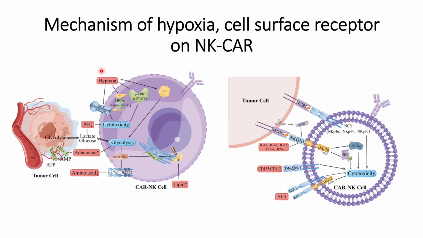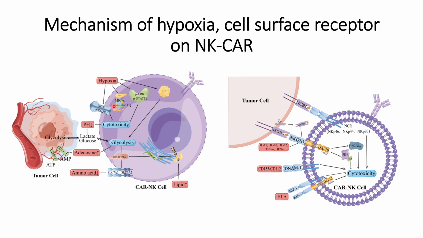So what will happen because of this hypoxia? Hypoxia will cause a decrease in the phosphorylation of ERK and STAT3, so the ERK/STAT3 signaling pathways go down, and this will reduce the cytotoxicity. At the same time, MICA and granzyme B will also go down.